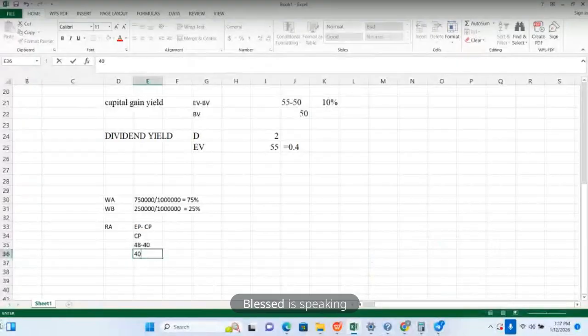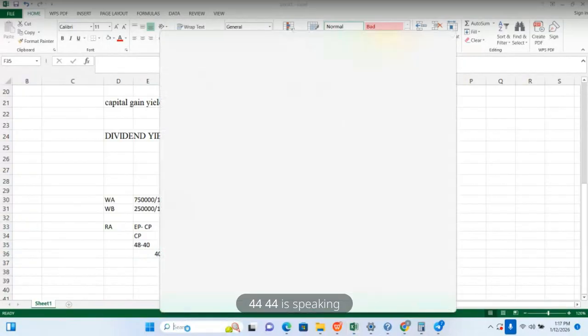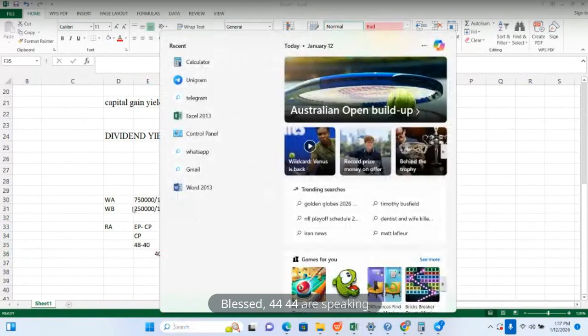What do we get here for the RA? Convert it to percentage. What's the answer? Divided by 40 times 100, 20%.